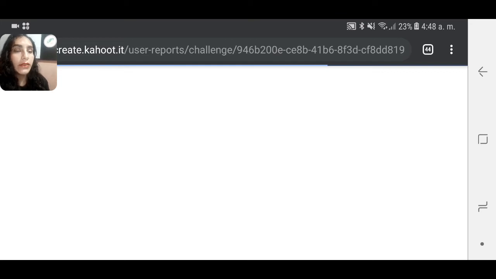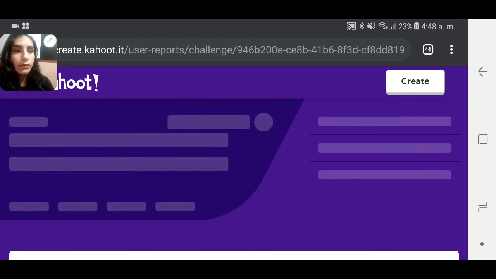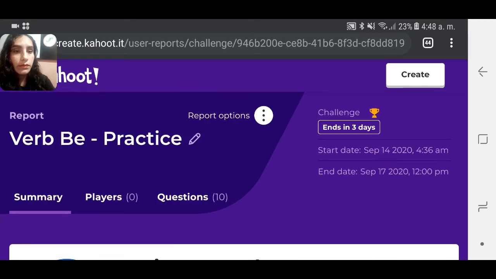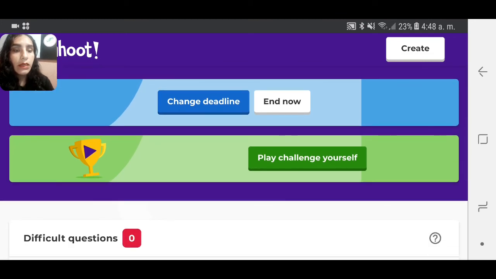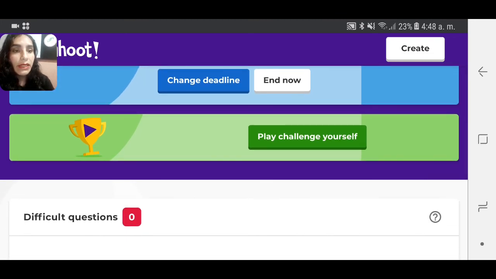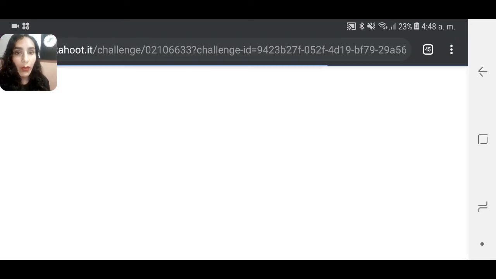Okay, está cargando. Ok. Cuando les aparezca ya este botón de Play Challenge Yourself es donde ya van a poder jugar individualmente. ¿Ok? Entonces le van a dar ahí para que los permita jugar.